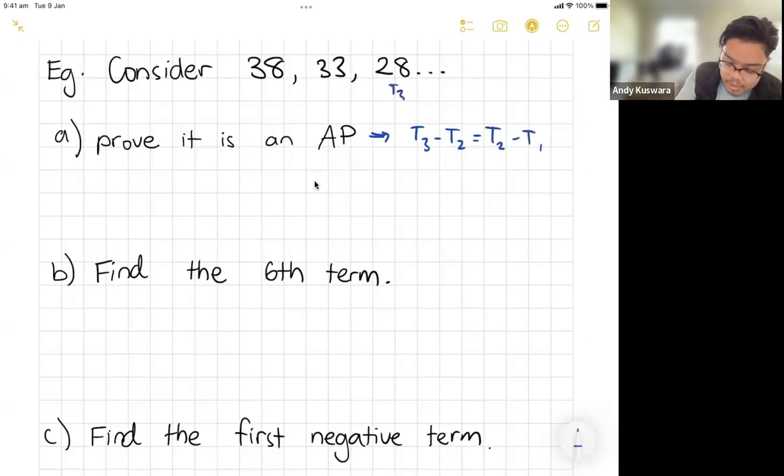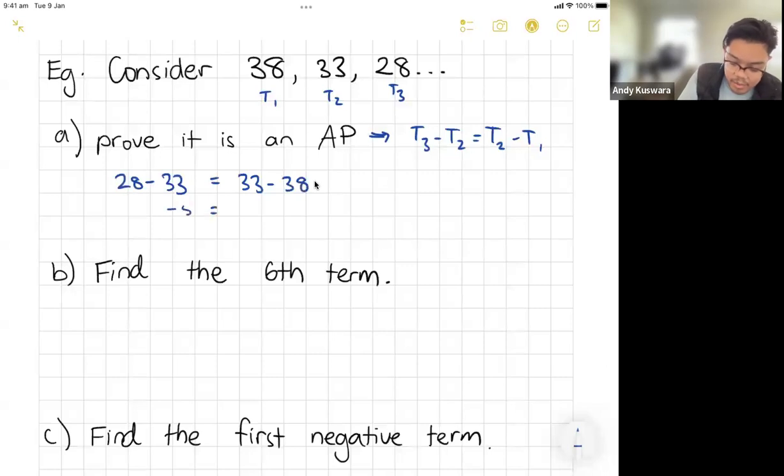I'm just going to label this T1, T2, T3: first term, second term, third term. T3 take away T2 is 28 take away 33, which should equal the same thing as 33 take away 38.